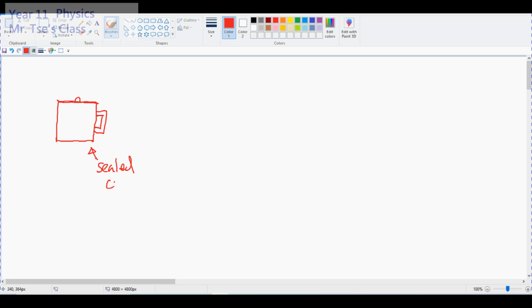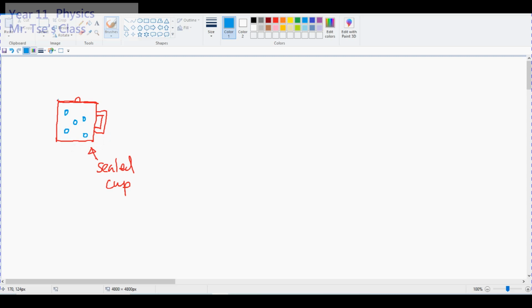If I put 5 gas molecules in, they will take all the positions. Let me draw it properly. They will take all the corners of the cup, so that's why they occupy the whole cup.